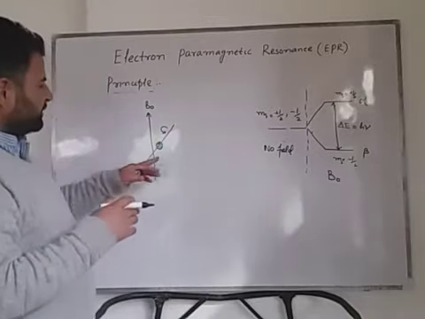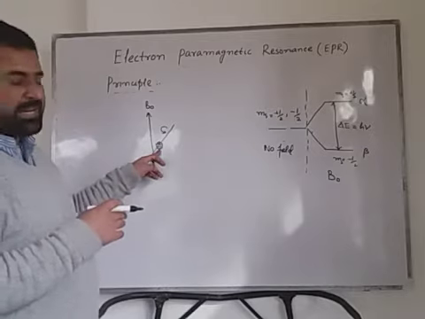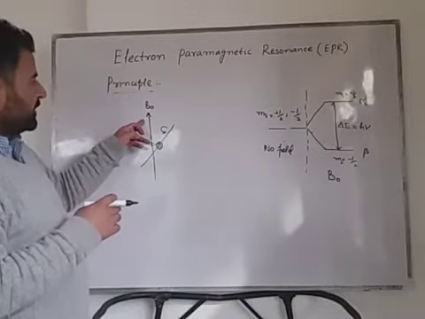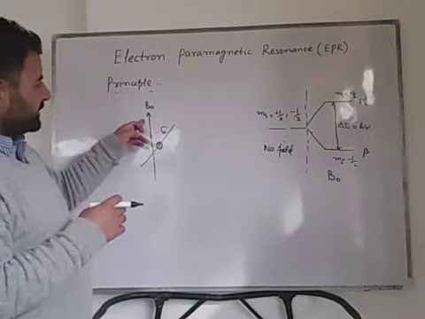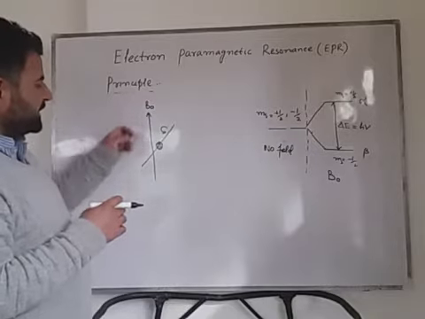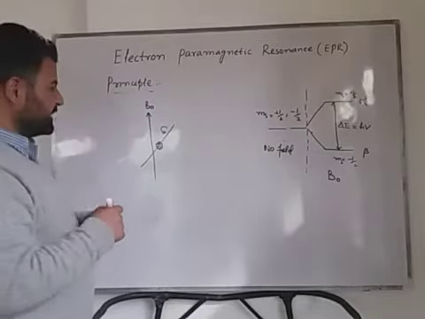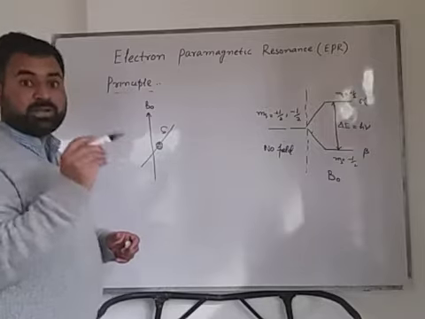As we know, it will create its own magnetic moment, and there is one more magnetic moment due to the external magnetic field. The two are not in line, so there is generation of a torque.